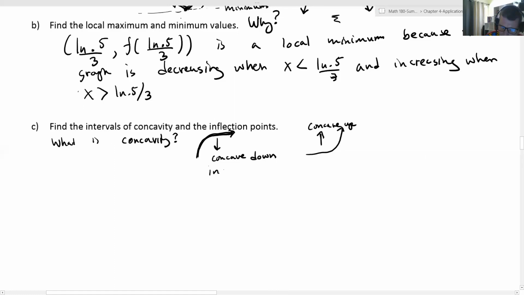So these are both increasing. Then this is decreasing and concave up.